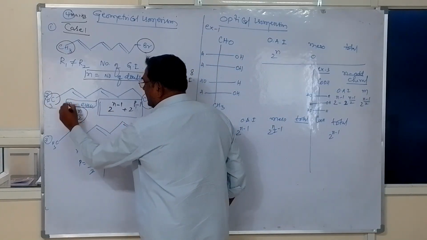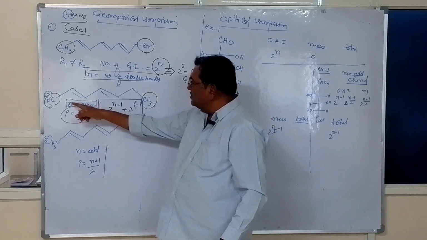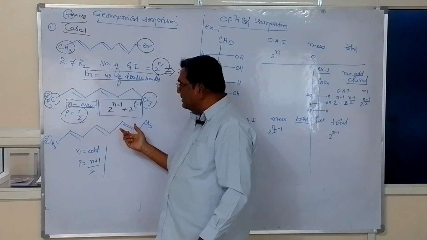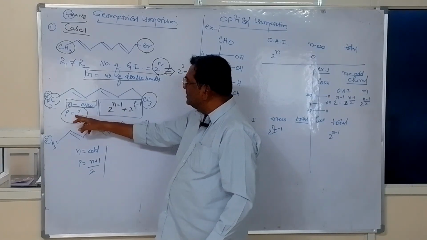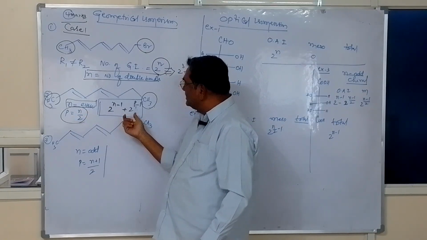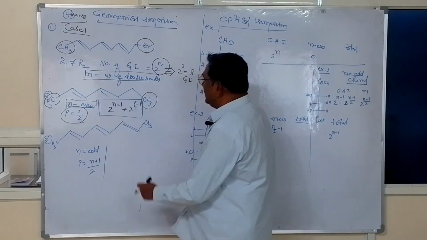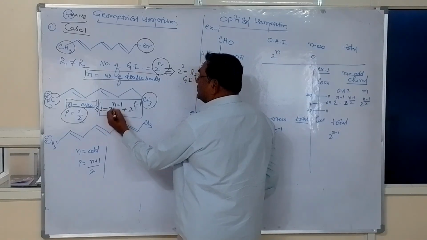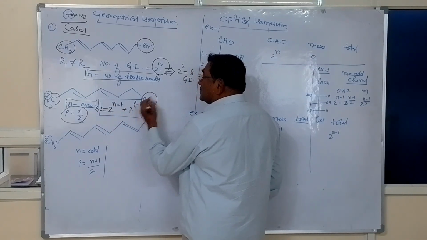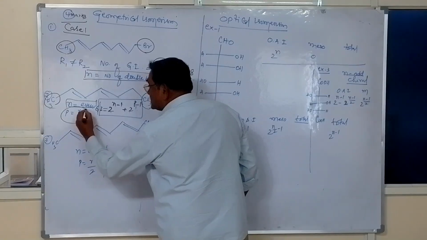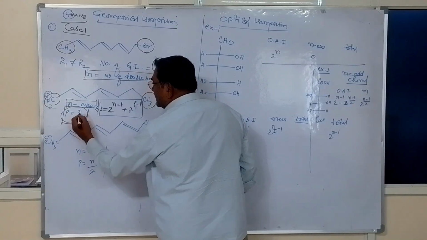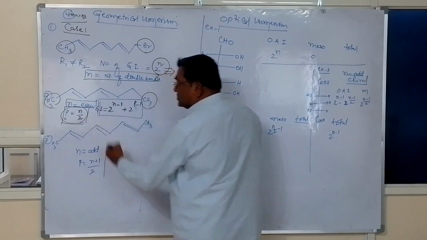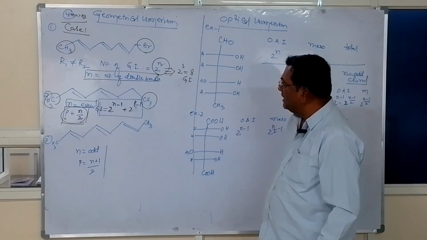Once again I am repeating: when the terminals are the same and the compound has an even number of double bonds, the total number of geometrical isomers is calculated this way, 2 to the power n minus 1 plus 2 to the power p minus 1, where p is equal to n by 2.